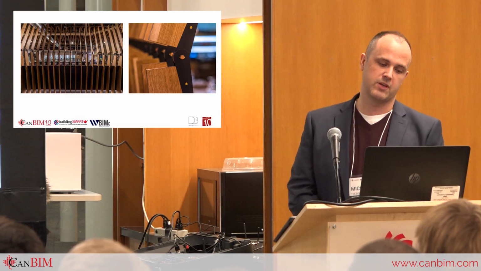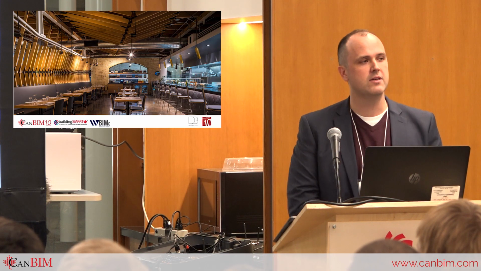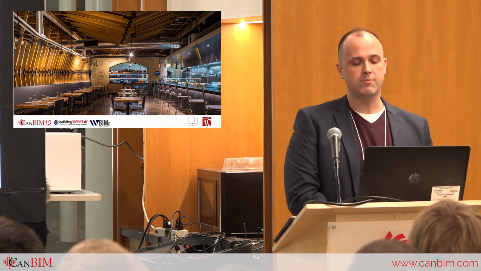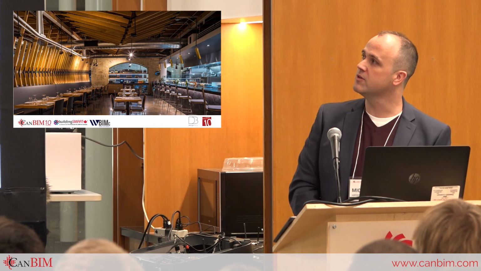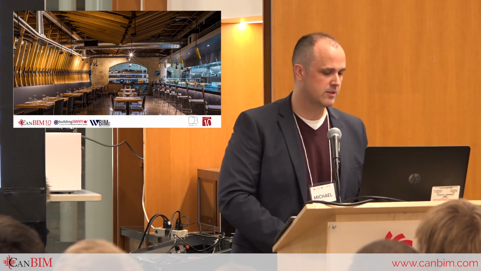And then this is an image of the inside of the restaurant as you come in. I don't know if I forgot to mention it before, but there is also a ceiling detail, which is a continuation of the geometry of the wall. A way to tie in the existing floor joists above and get that material connection between the two pieces.